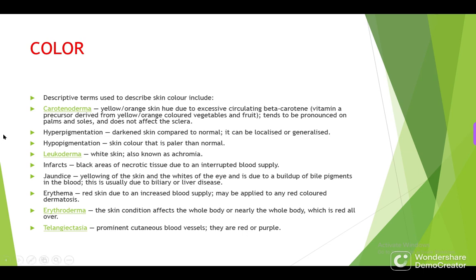The color should be described. Descriptive terms used to describe the skin color include keratoderma, a yellow orange skin hue due to excessive circulating beta carotene, called carotenemia. Beta carotene is a vitamin A precursor derived from yellow orange colored vegetables like carrots, and the fruit tends to be pronounced on the palms and the soles and does not affect the sclera.